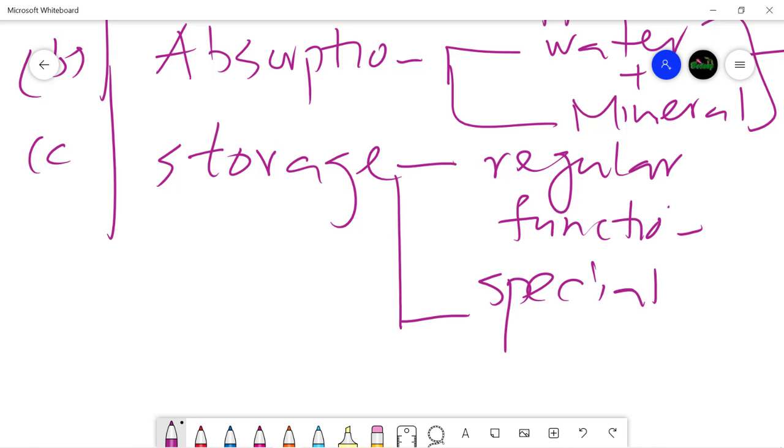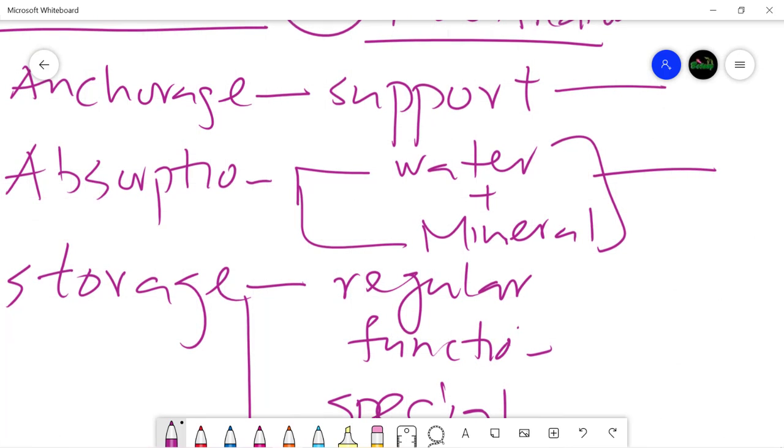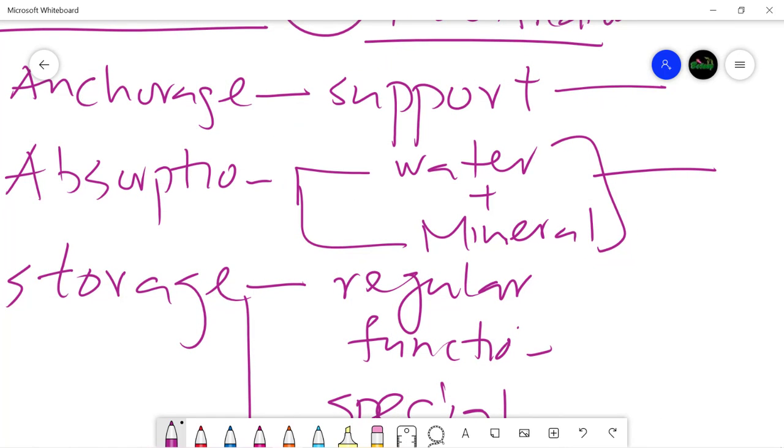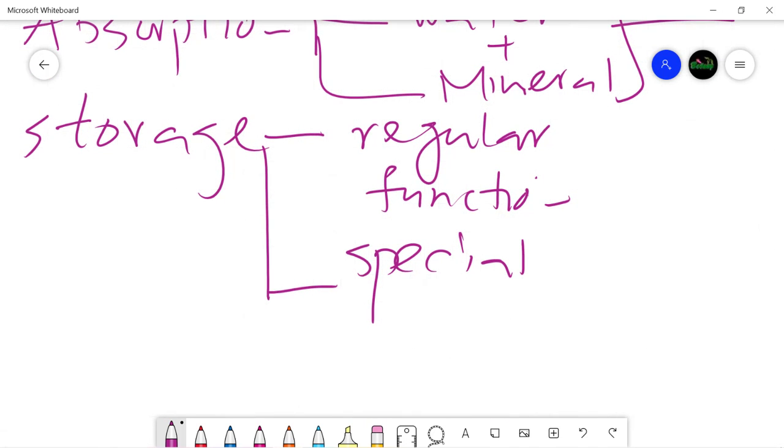As far as this regular function is concerned, the root remains normal. It performs its regular functions, these two basic functions, the support and absorption of water and minerals, but it also functions as a storage organ if there is no other storage organ in the plant. So this is a regular function.